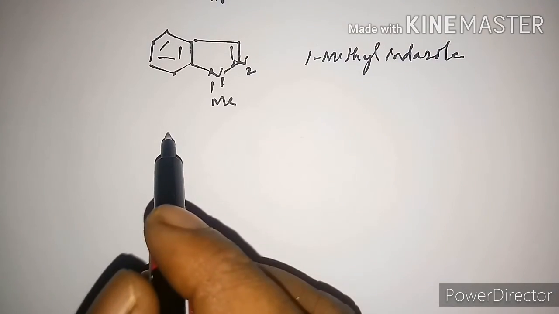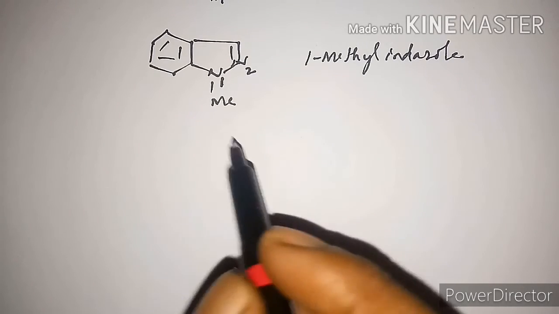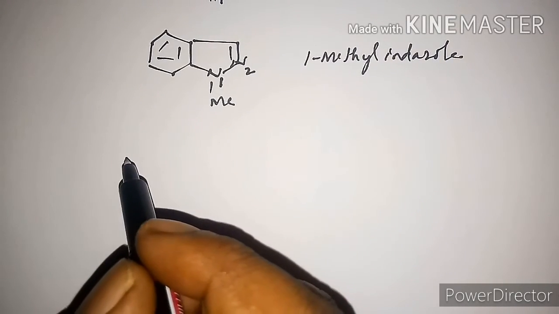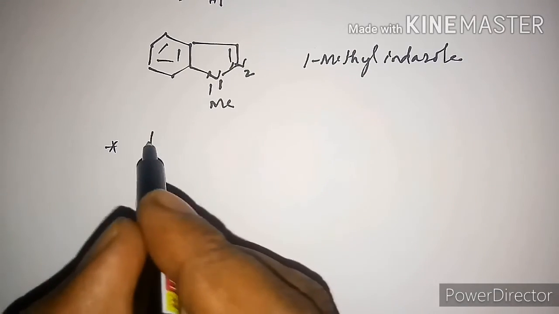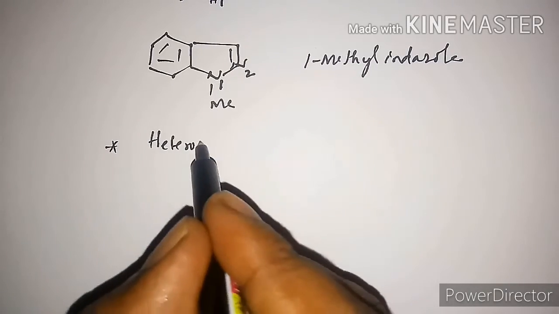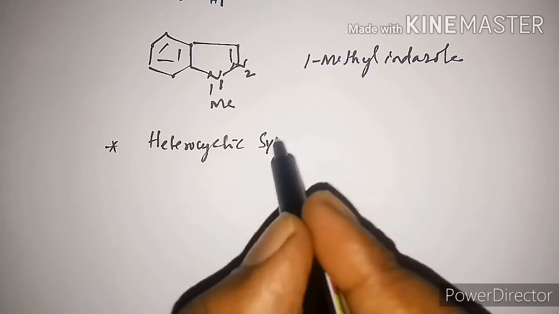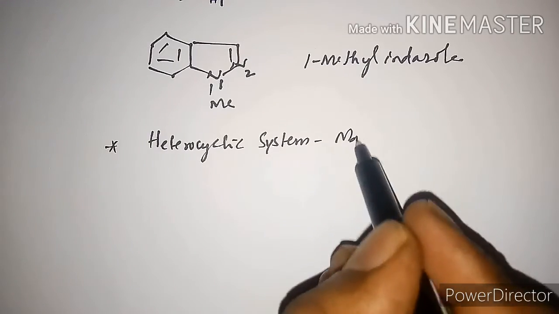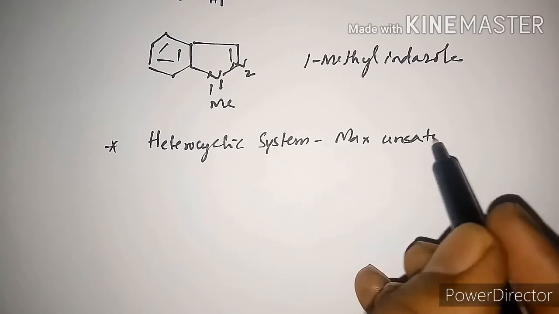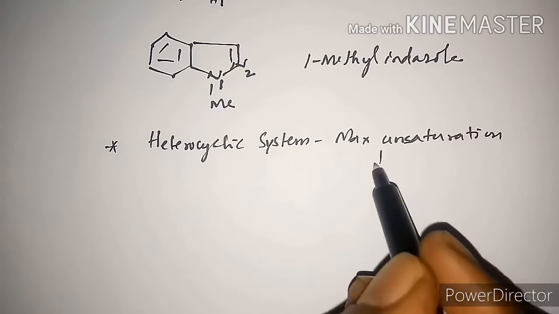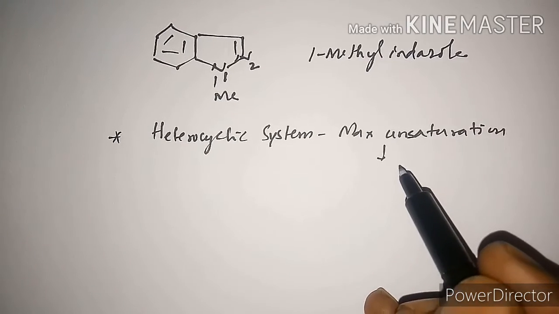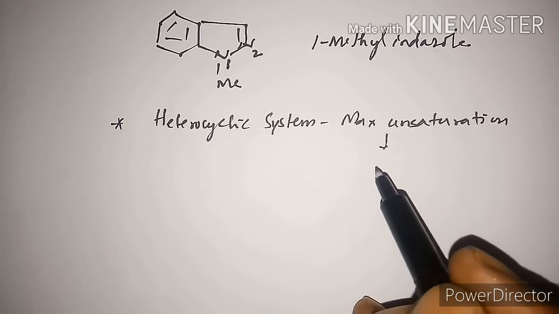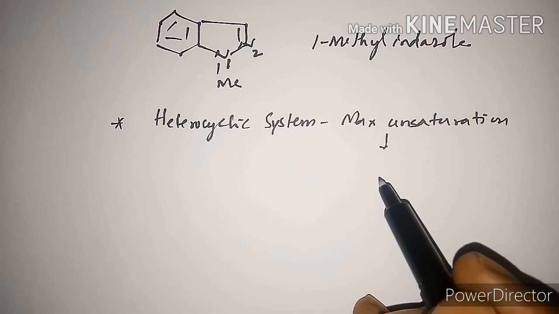Now another system of nomenclature. If a heterocyclic system contains the maximum unsaturations, and these unsaturations can be written in more than one way, then their positions are specified by numbering those nitrogen or carbon atoms which are not multiply bonded.